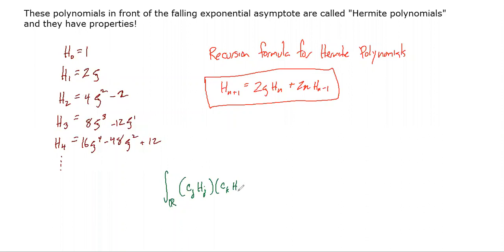But imagine that I came up with these coefficients like this. What do you suppose I should put here? So what would you like to be true if H_k and H_j are equal versus H_j and H_k not equal?